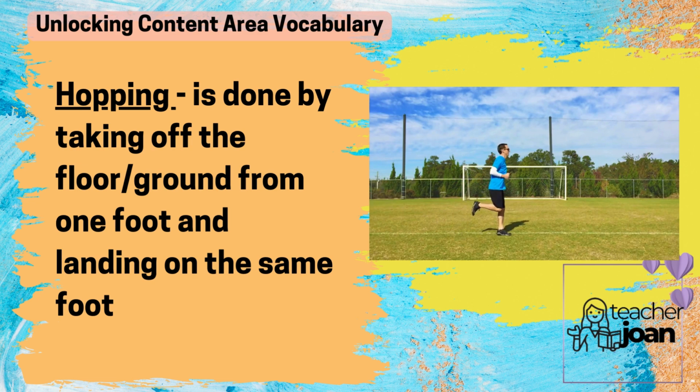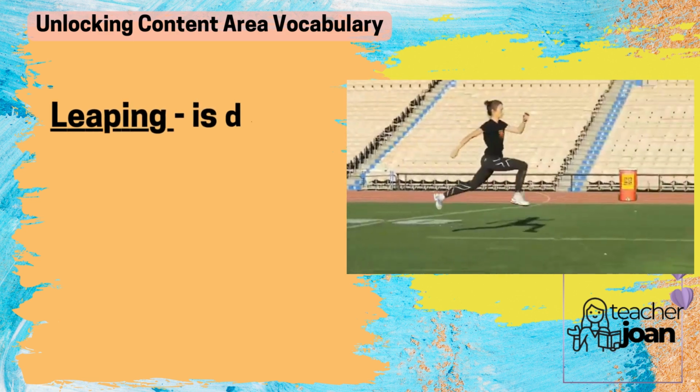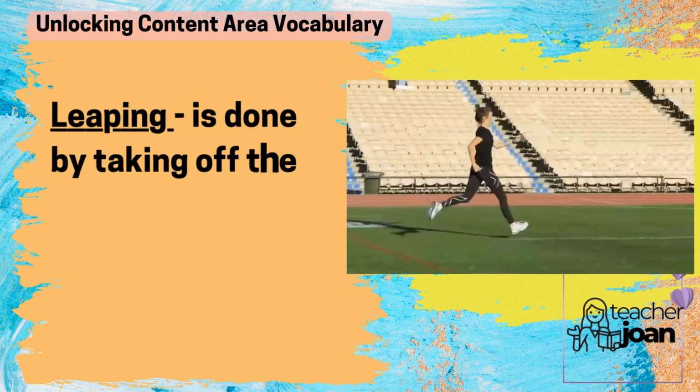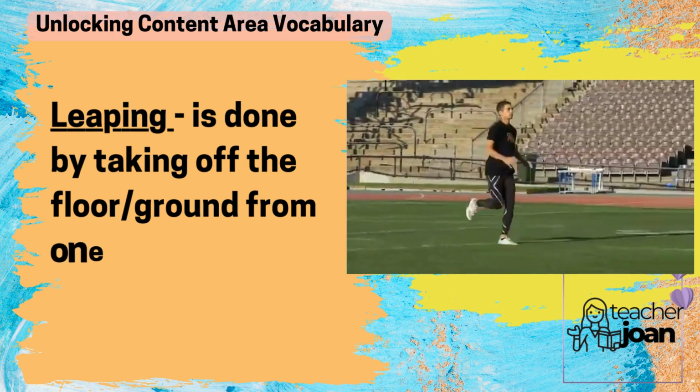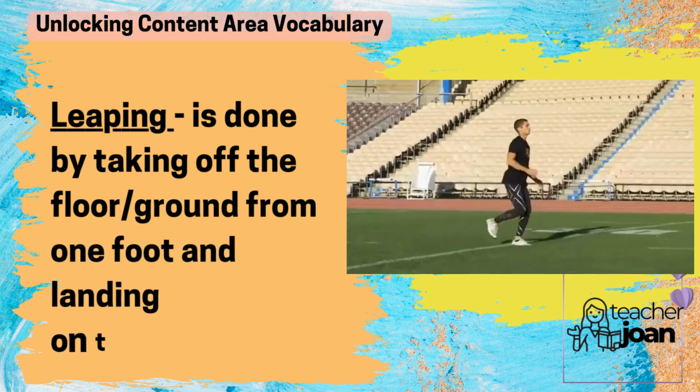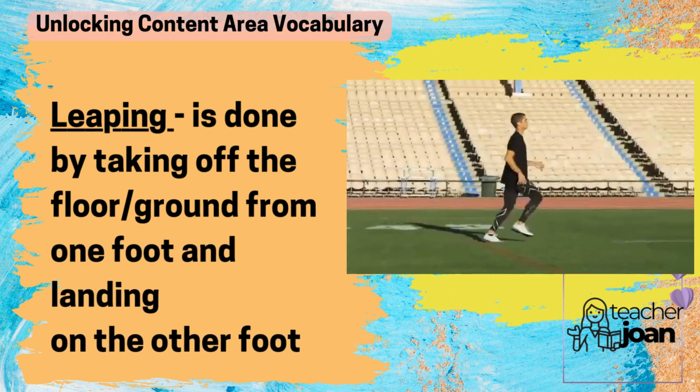Hopping is done by taking off the floor or ground from one foot and landing on the same foot. Leaping is done by taking off the floor or ground from one foot and landing on the other foot.